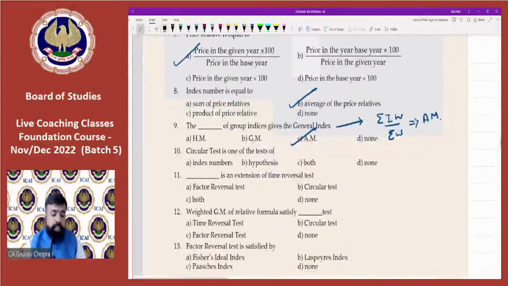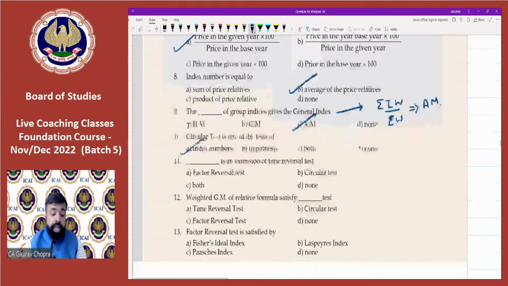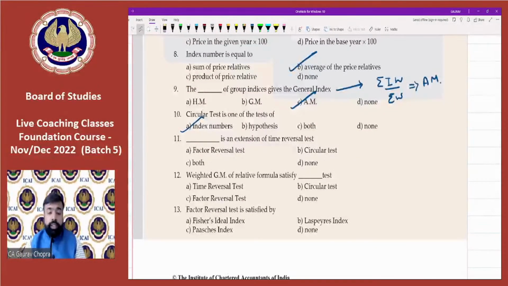Then circular test is one of the tests of index number. Dash is an extension of the time reversal test. In the time reversal test, there are only 2 years, 0 to 1 and 1 to 0. But in circular, it can be n number of years, like 0 to 1, 1 to 2, 2 to 3, 3 to 4, 4 to 0.